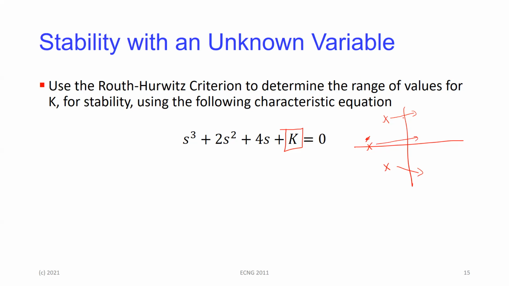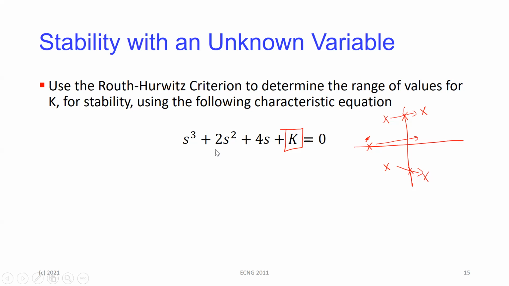And at some value of K, these two, if they're complex conjugates, are going to move together. So at some point, they're going to land up here. And then as you vary K further, you're going to land up on the right-hand side, and the system will go unstable.